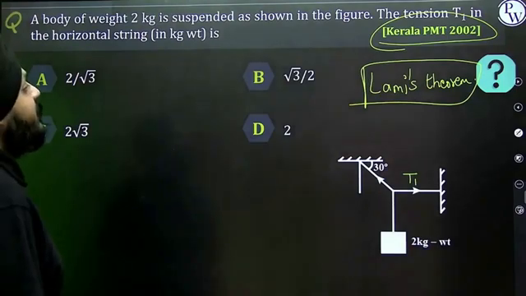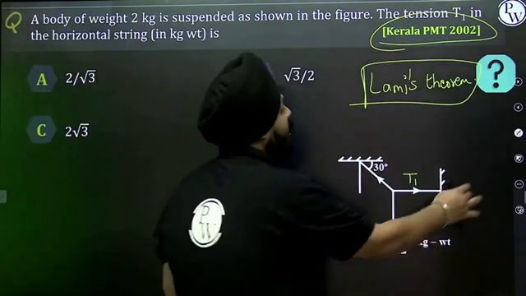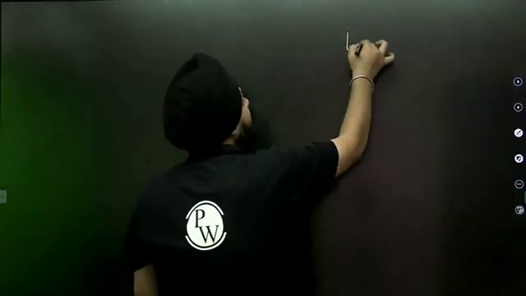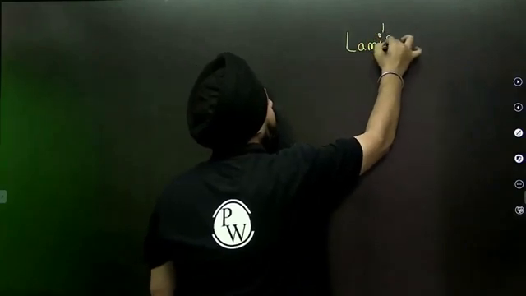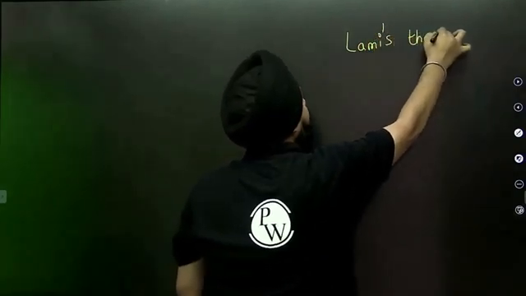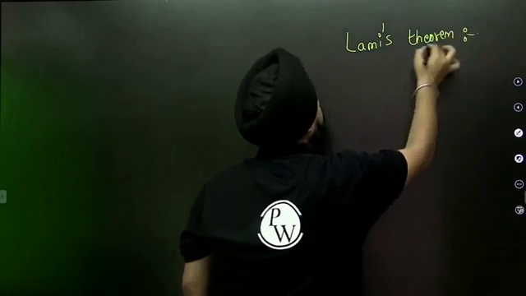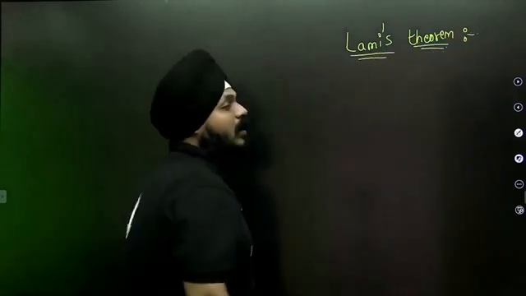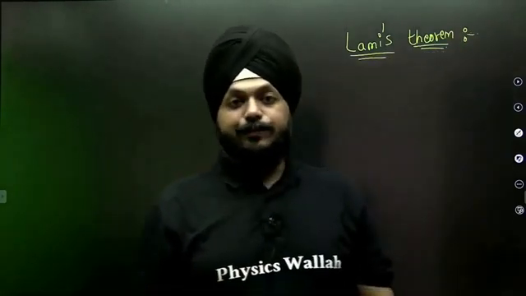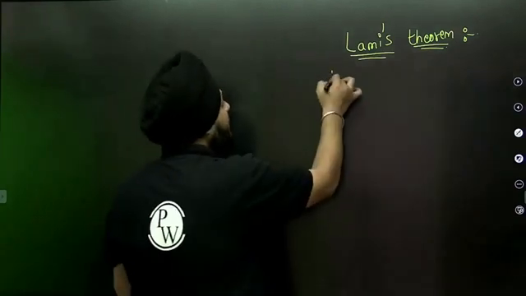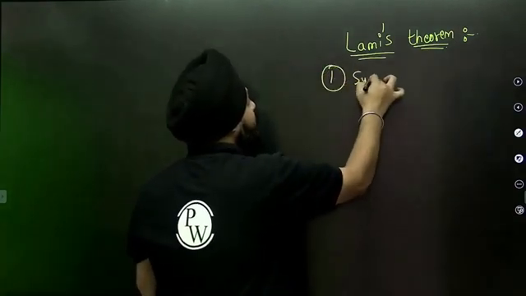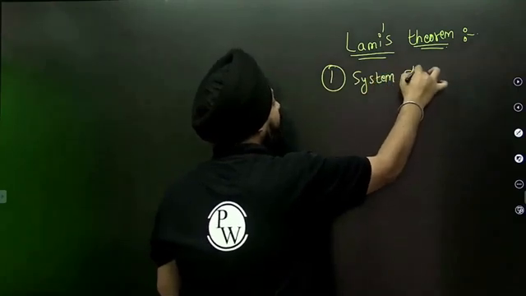First of all, let's understand Lami's theorem. What does Lami's theorem state? Lami's theorem states that first, the system should be in equilibrium.